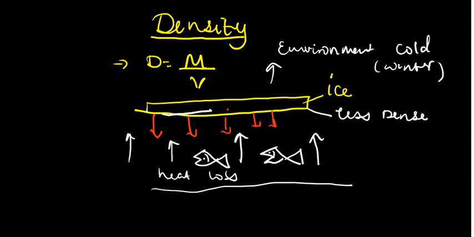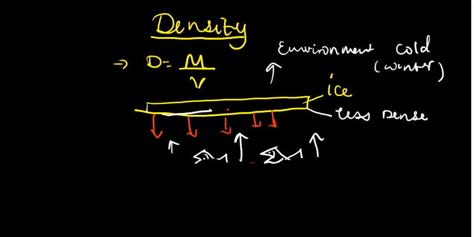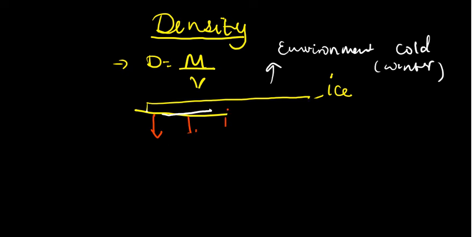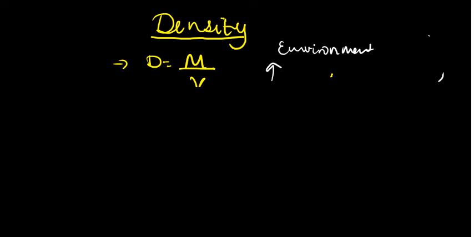So instead of the heat escaping into the environment, it is radiated back, and fish are able to survive because the temperature is going to be kept constant, okay? So that's why we are able to look at water as having a very small density, okay? So that's about density.